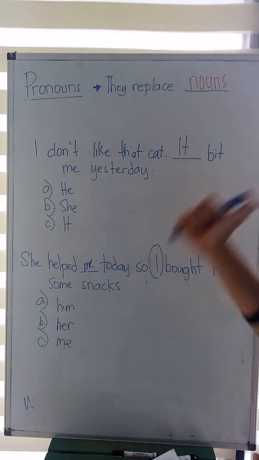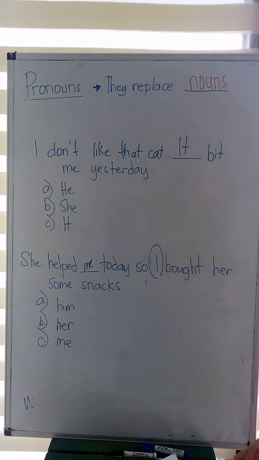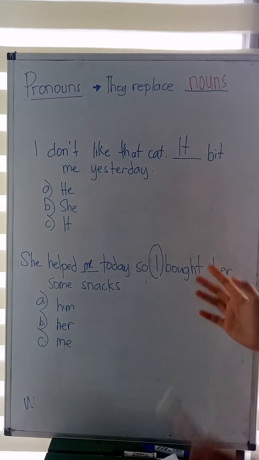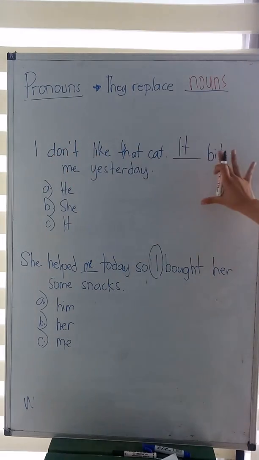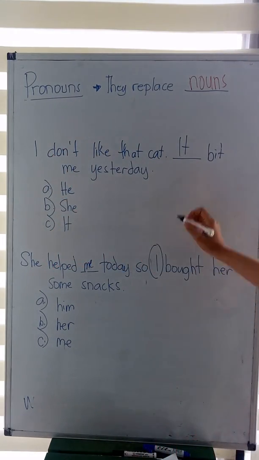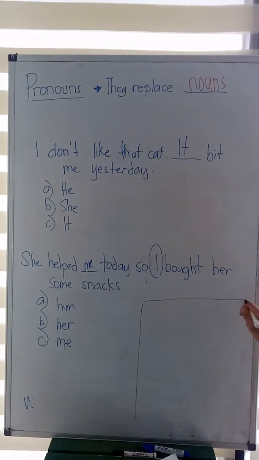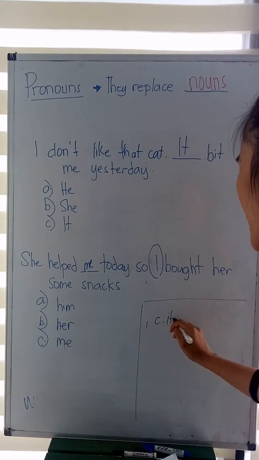Okay, in your quiz, you can write the answers only. I don't require you to write the sentences and the choices. You can only write the answer, no problem with that. For example, for this part, the answer is letter C. So on your paper, you write number 1, C, it.